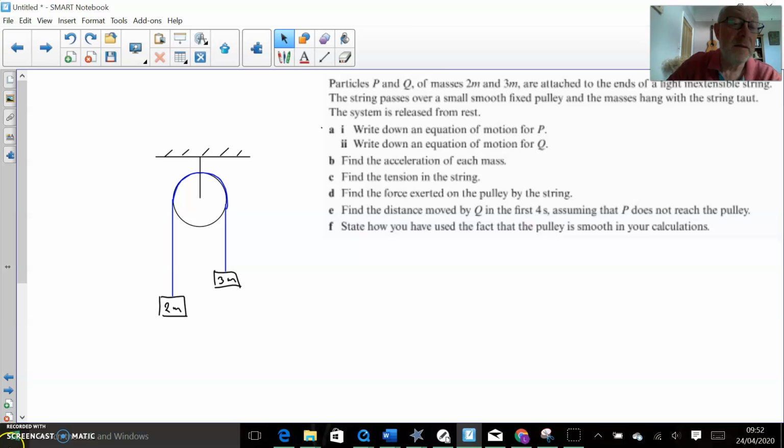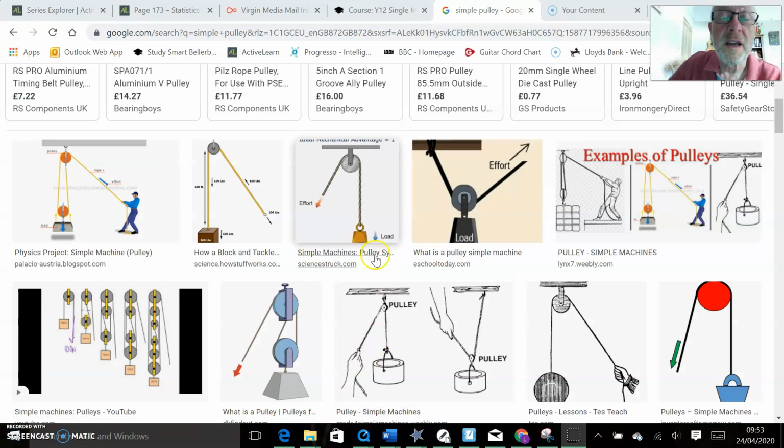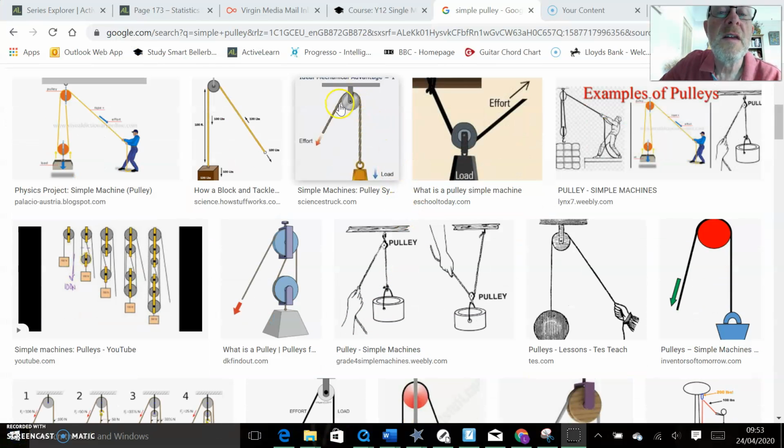So what actually happens is the string rotates the pulley. The pulley is fixed at an axle in the center, and the pulley itself rotates, and the string stays with the pulley, kept there by friction.